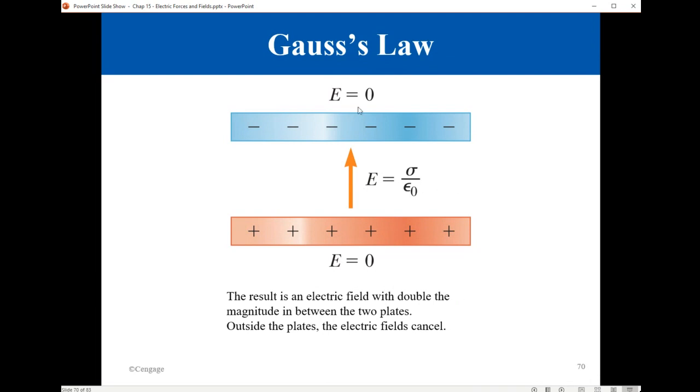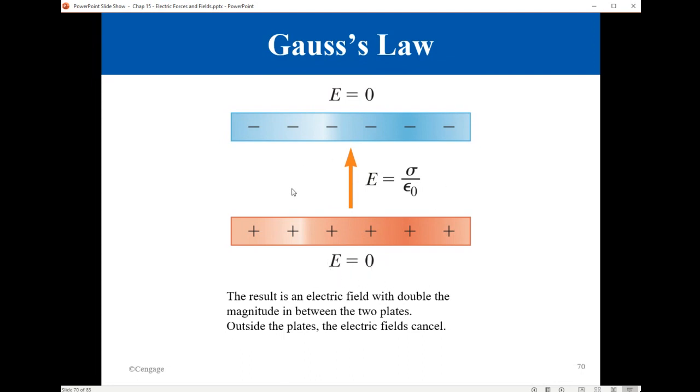Outside here, if you take this region, the field due to the positive plate will be going out. The field due to the negative plate will be going in this way, so the field is 0. If you take this region, again, from the positive charges, the field is going out. For the negative charges, it is going to the negative charges, so the resultant is 0.